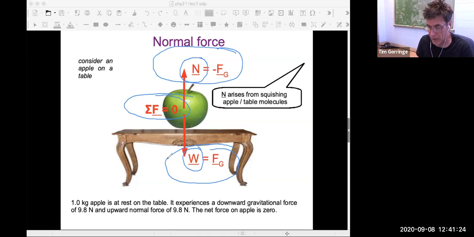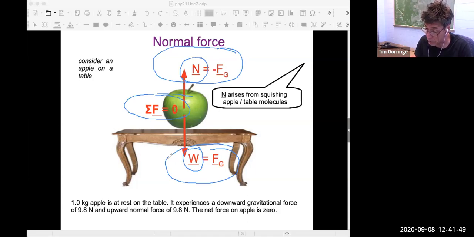If you want to visualize where that normal force arises, how it comes about, it's actually because the apple's made of atoms and molecules, and the table's made of atoms and molecules. And when the apple is at rest on the table, the atoms and molecules of the apple and the atoms and molecules of the table are being squished together.